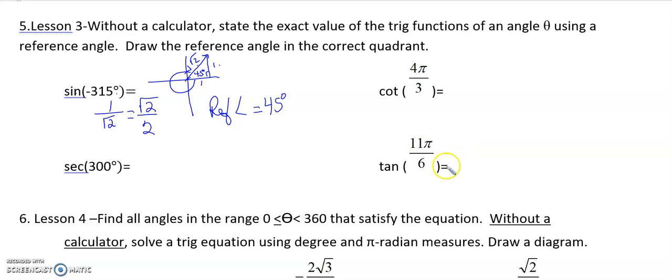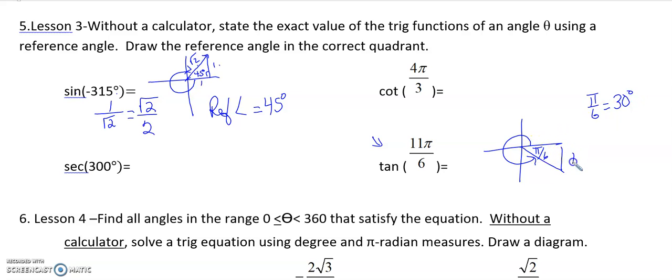Now I'm going to do this one that is with radian measures. Again, we have to think fractional, or you can change this to degrees if you would like. But 11 pi over 6 would land here, and we are pi over 6 away from a whole circle. Pi over 6 is the same thing as 30 degrees.